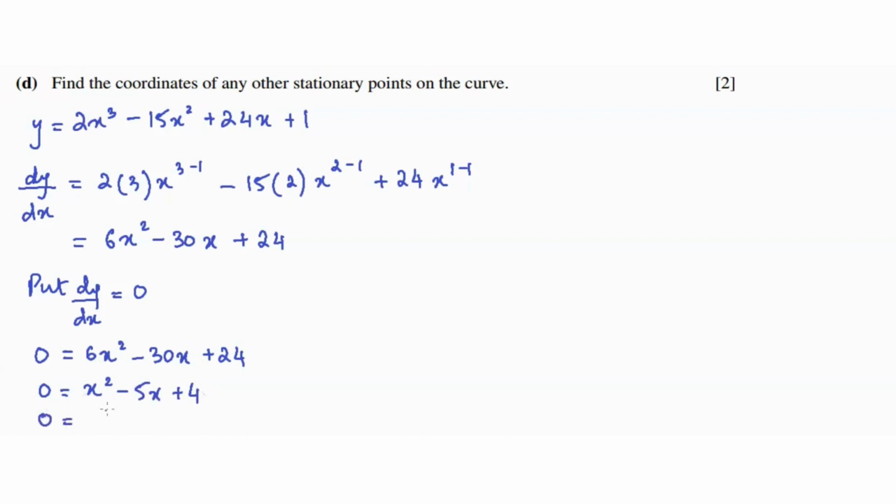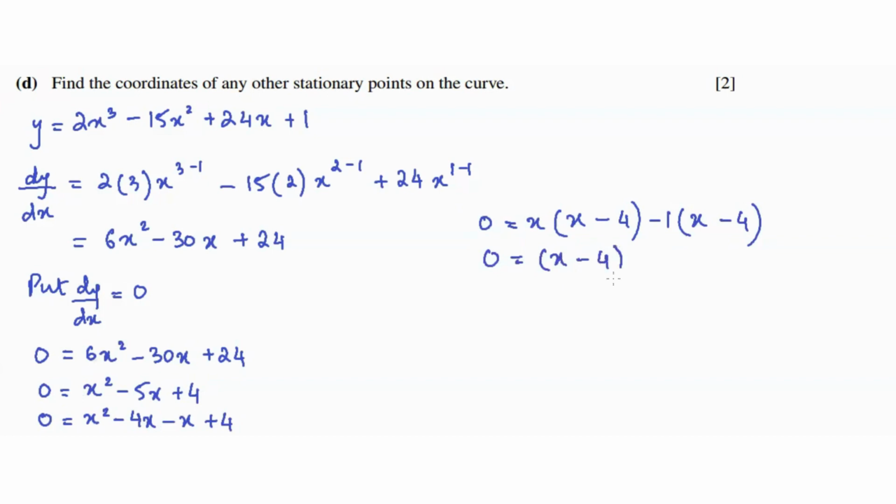So 0 equals x squared minus 4x minus x plus 4. x common, so x times x minus 4, minus 1 times x minus 4. 0 equals x minus 4 times x minus 1, which means x equals 4 and x equals 1 is the x coordinate of our stationary point.